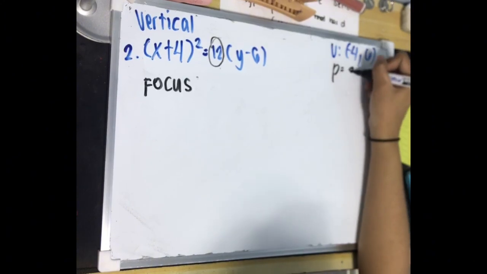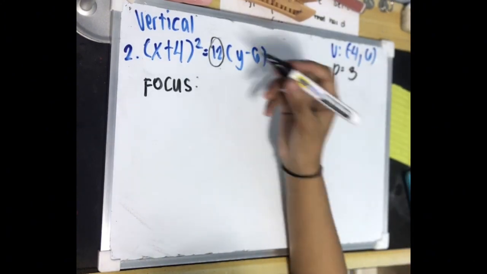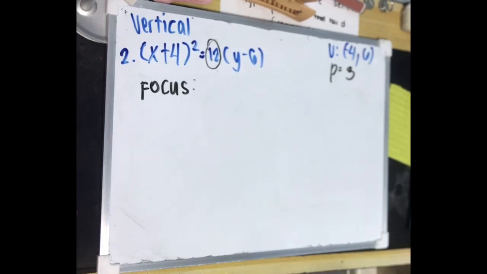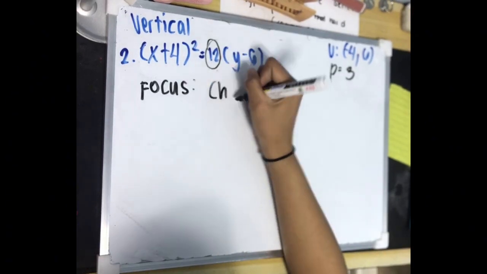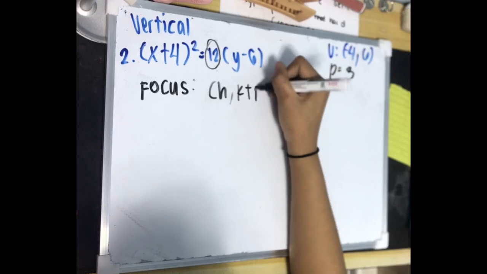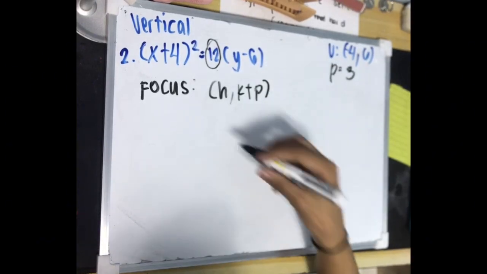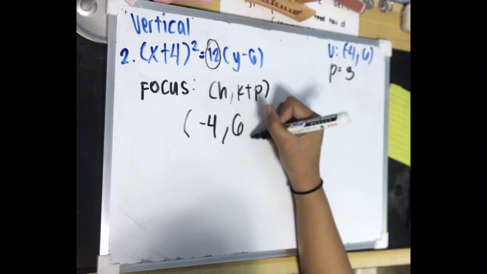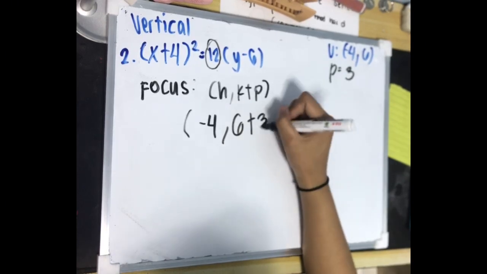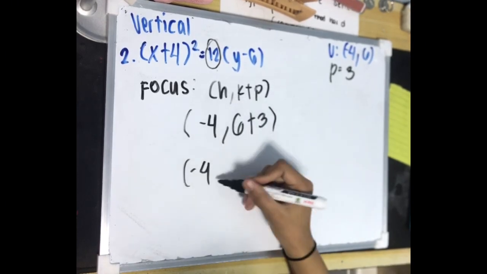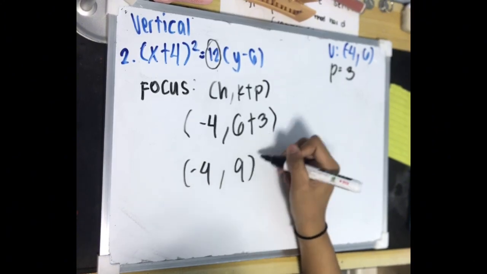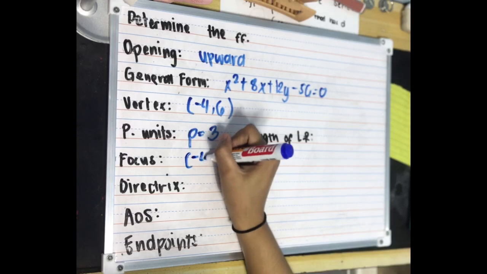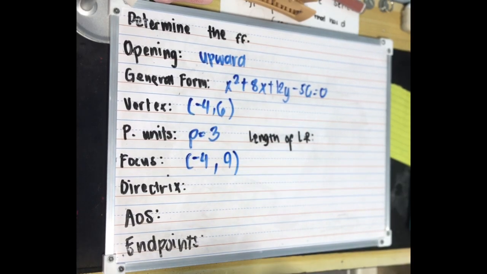The formula we'll use for the focus, for upward, is h, k plus p. Our h is negative 4, our k is 6, and our p is 3. So, bring down the negative 4, and 6 plus 3 is 9. So, our focus is negative 4 and 9.